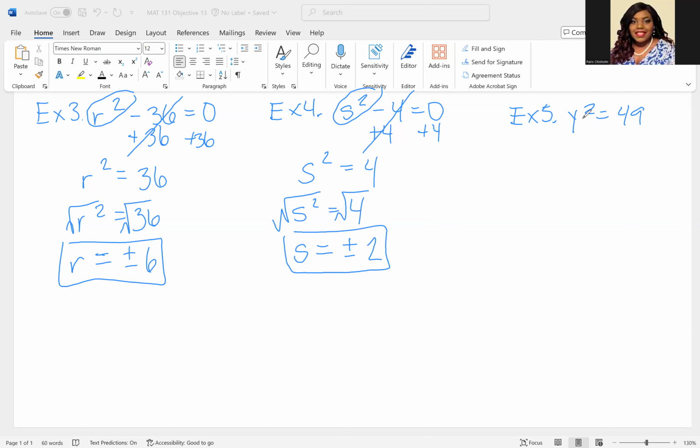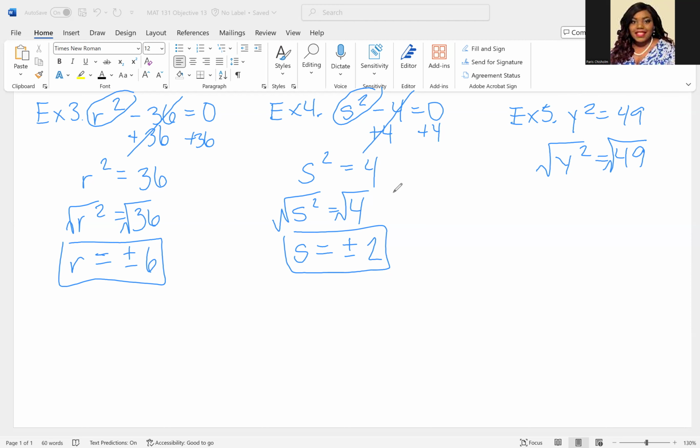All right. The y squared part is already by itself. So that means that we can go ahead and take the square root of both sides. All right. And even when we are at this point, I want you to rewrite it and then take the square root. Okay. So don't just come up here in the original and put the square root.